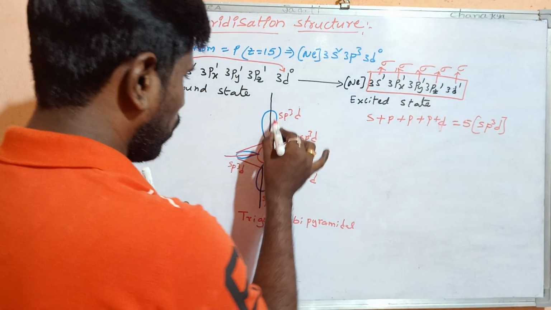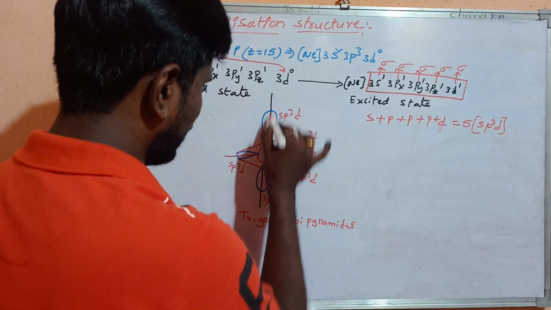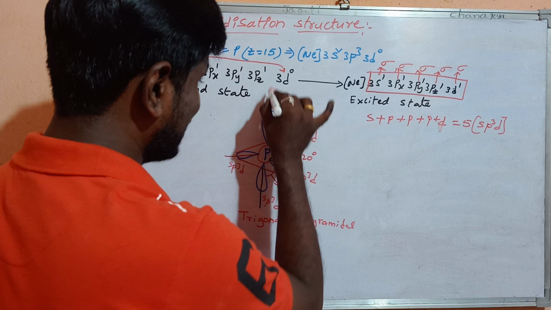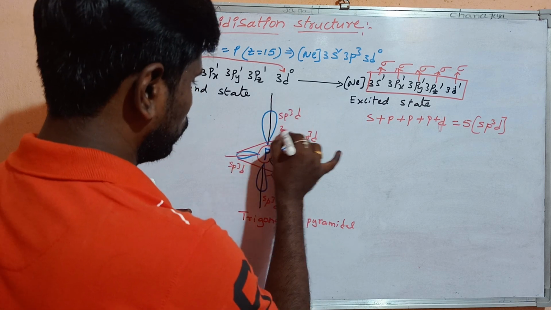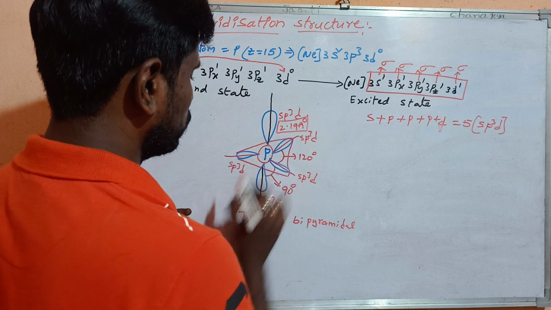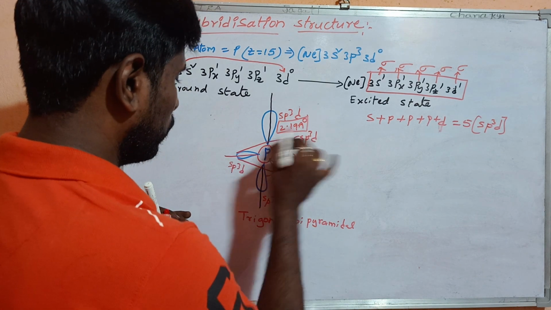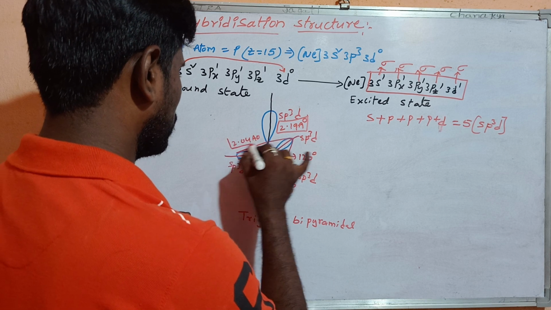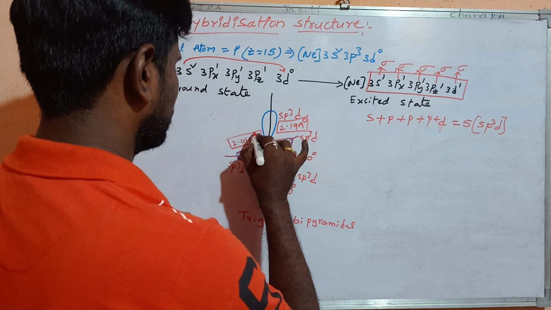Here, the axial bond length is 2.19 angstroms. The equatorial bond length is 2.04 angstroms.